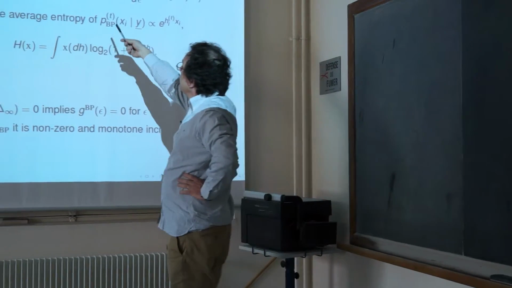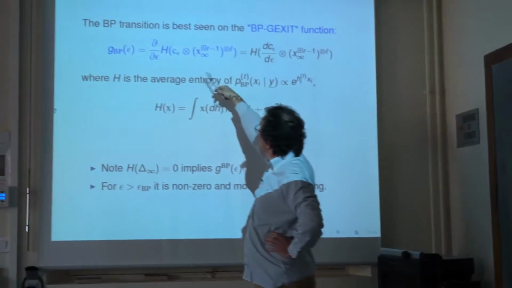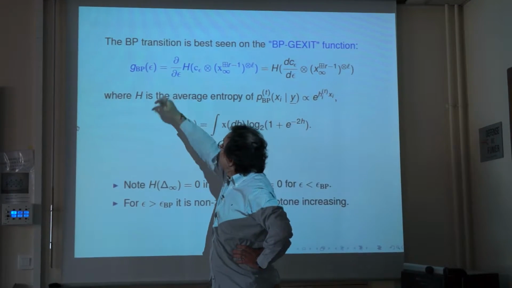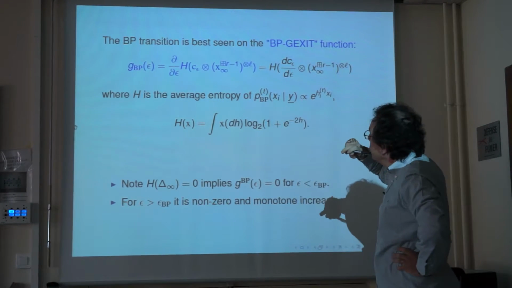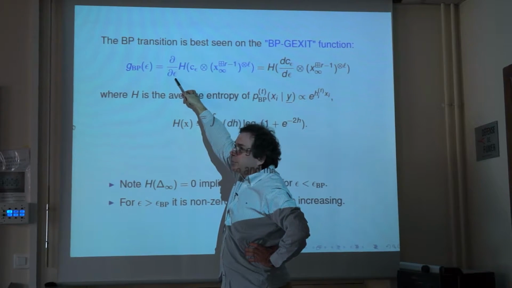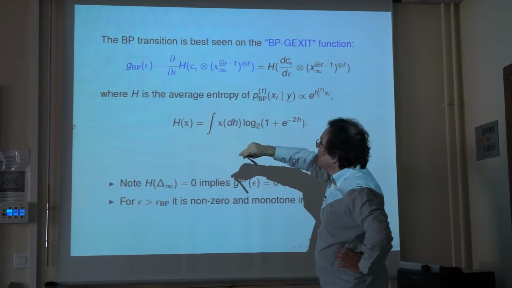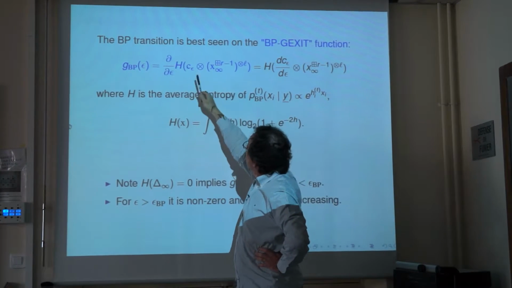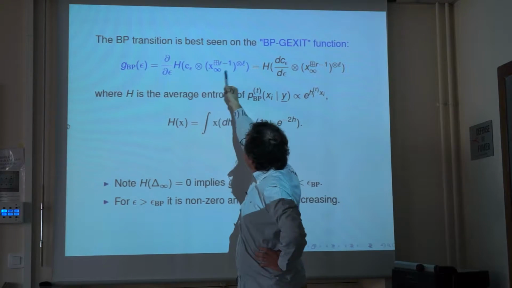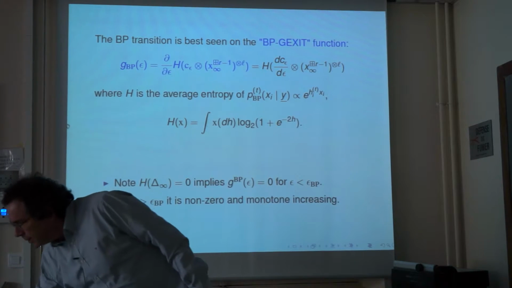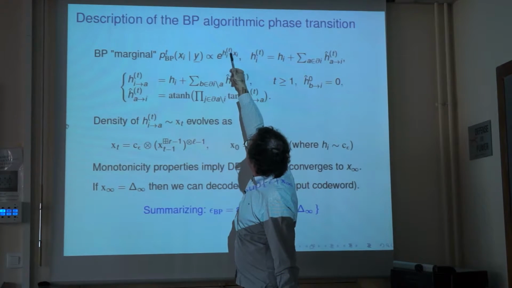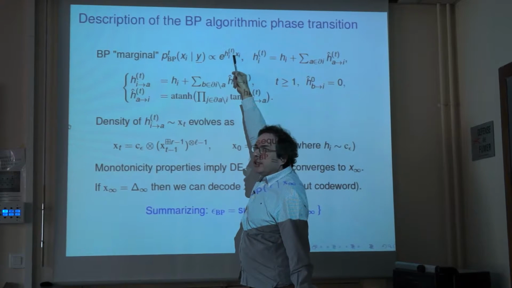Okay, that's a complicated formula, but what it says is the following thing. By definition, this g-EXIT curve here is the partial derivative with respect to the channel noise of some quantity. What is this quantity? In the H, you have a density, and the density here is simply the density of the likelihood of the decoded bits.